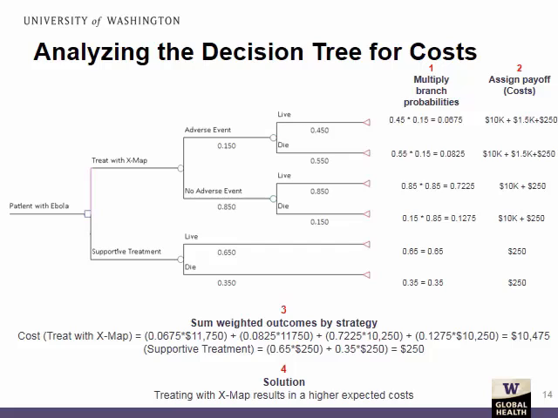We're doing the calculation now and adding the cost side, and you'll see that the products of the branch probabilities, these estimates, are unchanged from our previous calculations. However, we are adding, instead of having a payoff for survival, we are having a payoff for cost.